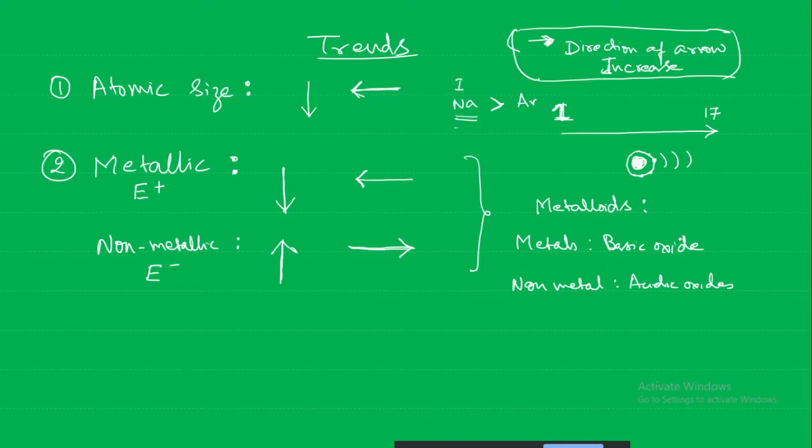By litmus paper. Litmus papers we will use when it is a solution. So what we will do, that oxide we have to react with water, or that metal you can react with water, or you can react that with base.